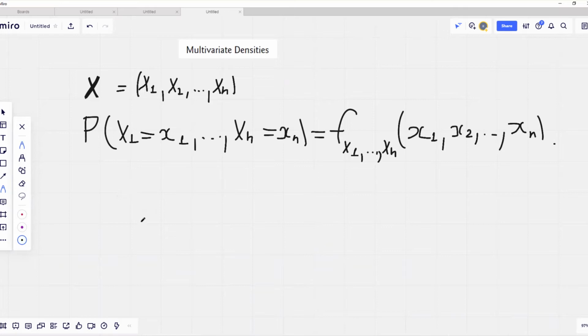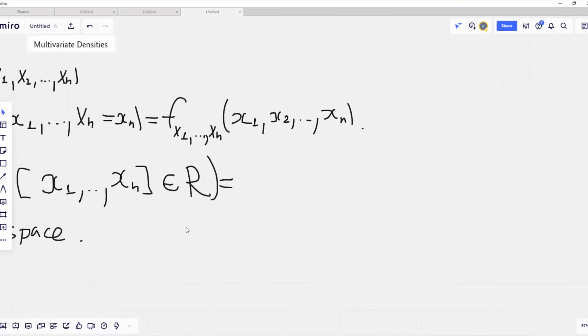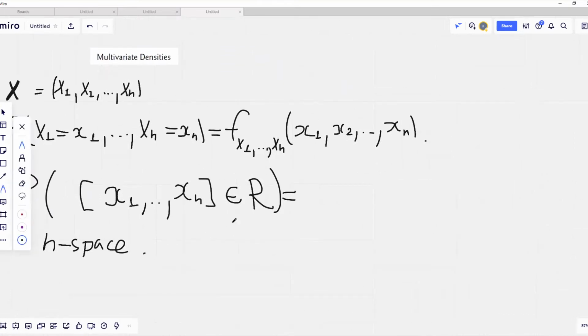Now, in a multivariate case, we'll be looking for a probability that our random variables x1 through xn lie in some region of n-space. All right, and then it can be found by integrating its multivariate PDF.